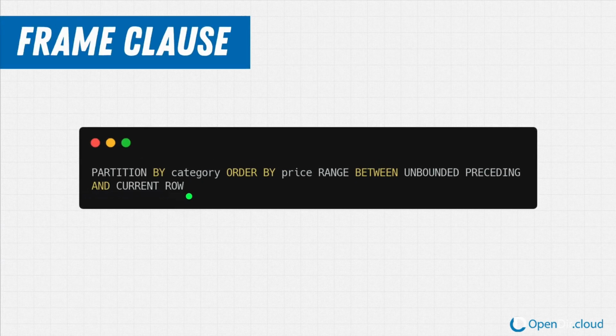This becomes very complex and you have to play around with window functions to really understand the nuances with which you can combine partitions and orders and ranges and framing to get the results that you want.